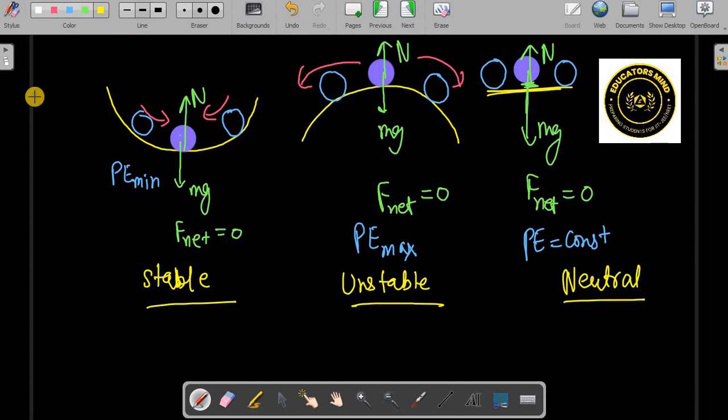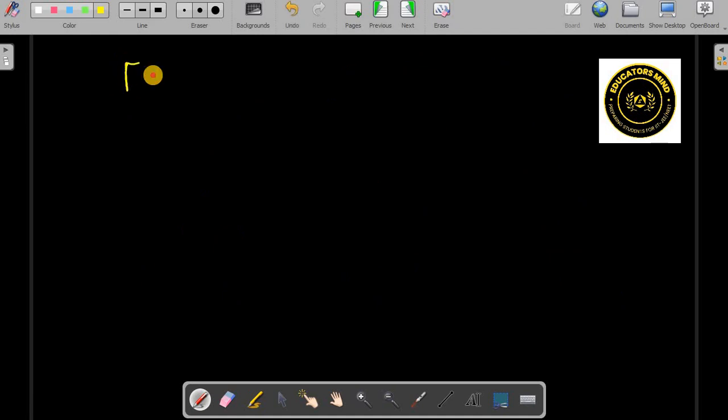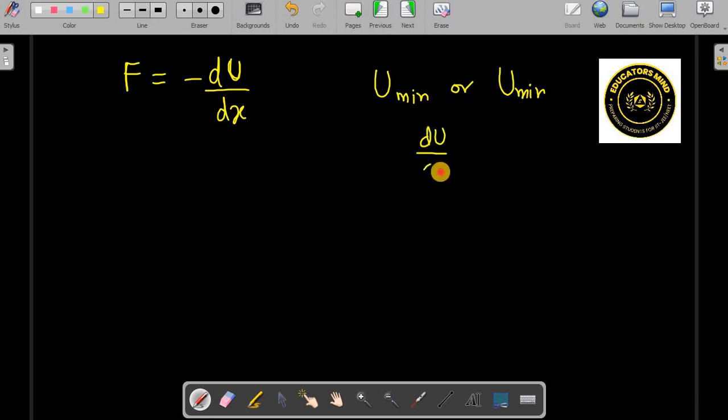So if you see the graph here of potential energy, as we discussed, force is minus dU by dx, let us say in one dimension. So potential energy is minimum or maximum, so for that du by dx has to be 0, differentiation, right? That's why force becomes 0.